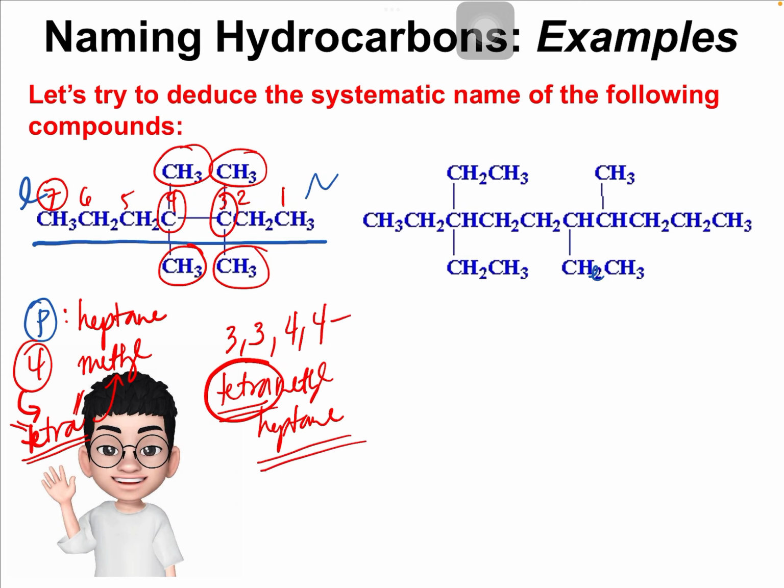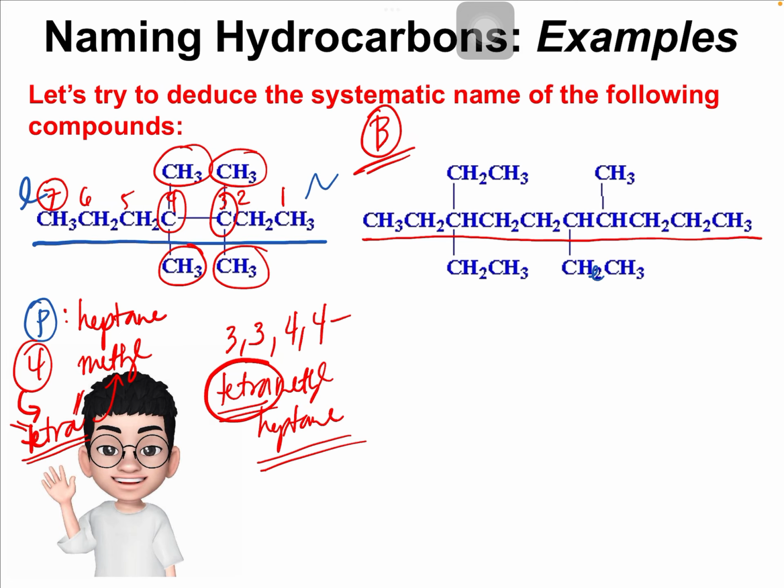Okay, how about this example? Let's say this is structure B. So ito naman ay ganun pa rin, parang obvious naman na ito yung longest chain kasi mahaba siya. So, okay, kailangan natin ma-establish na saang end tayo magsisimula na mas mabibigyan natin ng mas mababang numbering yung inyong mga substituent. So, ito kasi malayo.